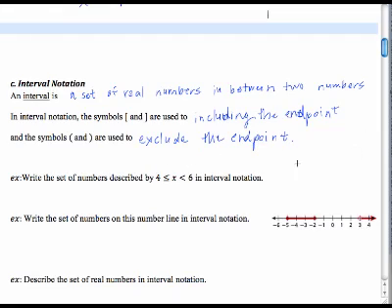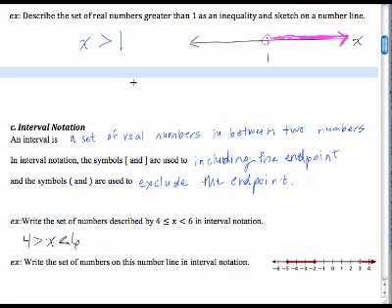Just as an aside here, guys, if you wrote something like this, it makes no sense. These inequality signs have to go the same direction, and they always have to go to the left with triple inequalities. Now up here I just was saying x is greater than 1, and to me it makes more sense just to write it like this with the greater than symbol, because you read it x is greater than 1.